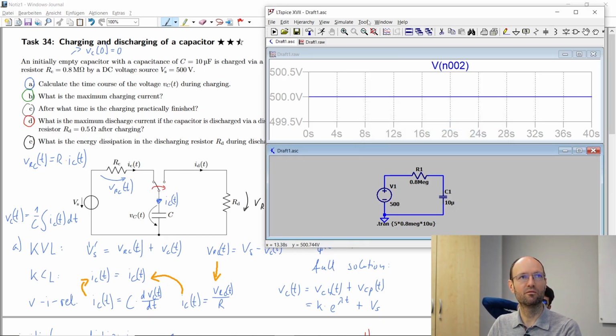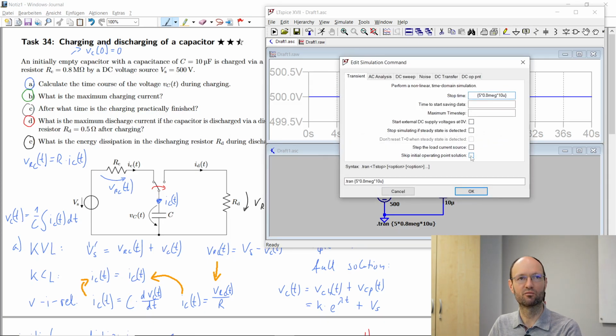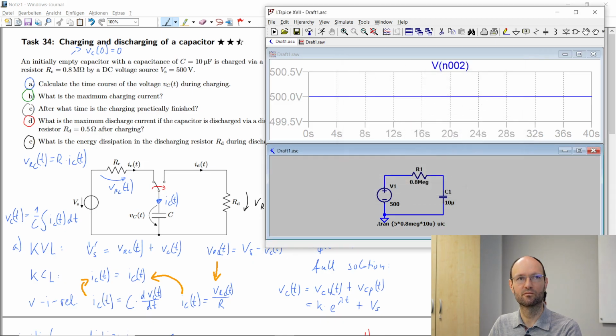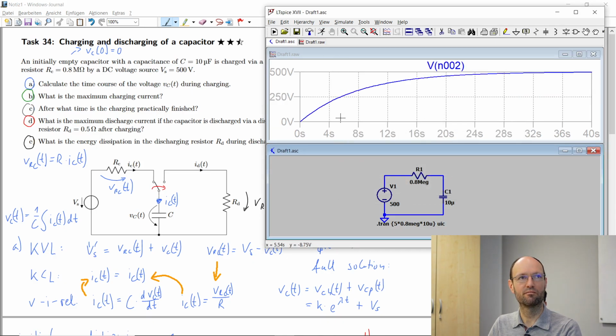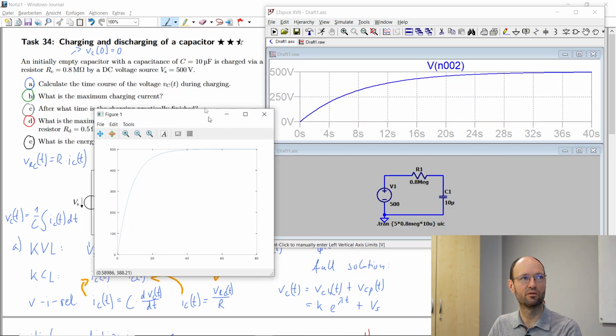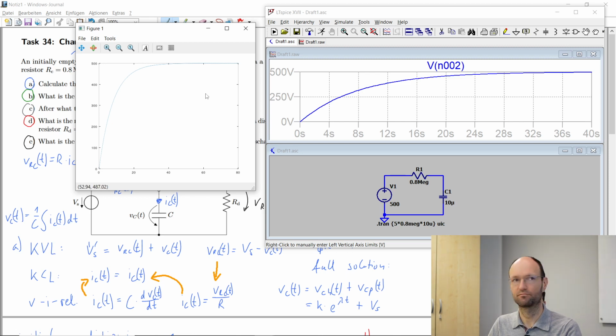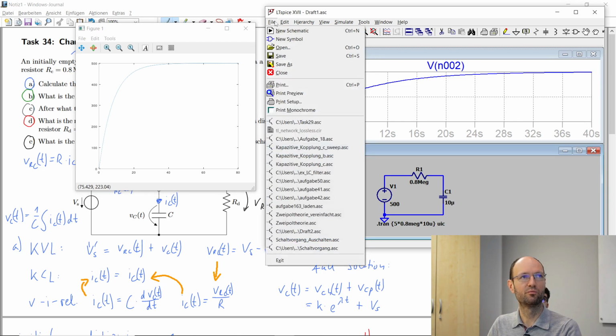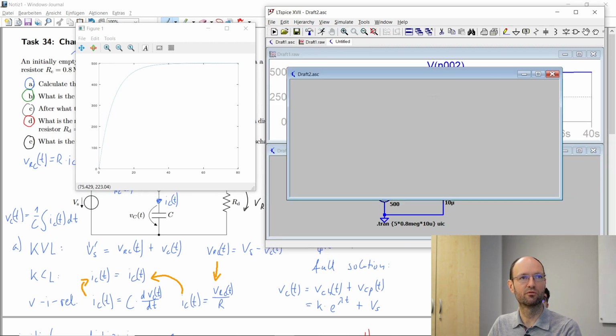So we need to go back to simulate and edit our simulation command. There's one option here that says skip initial operating point solution. If we activate this option, now we see nicely the charging, the same time function that we have also seen here in Octave.